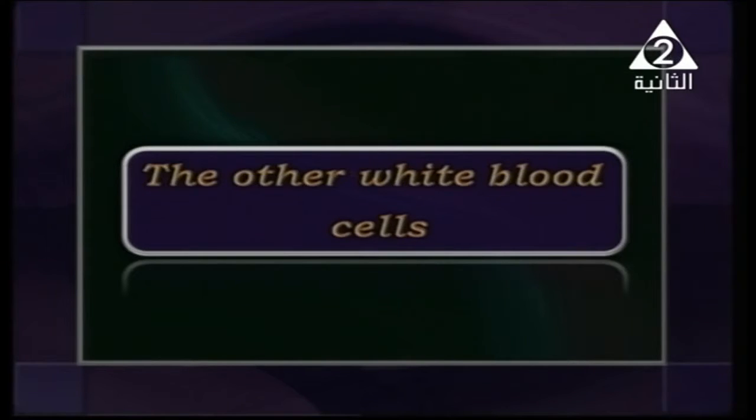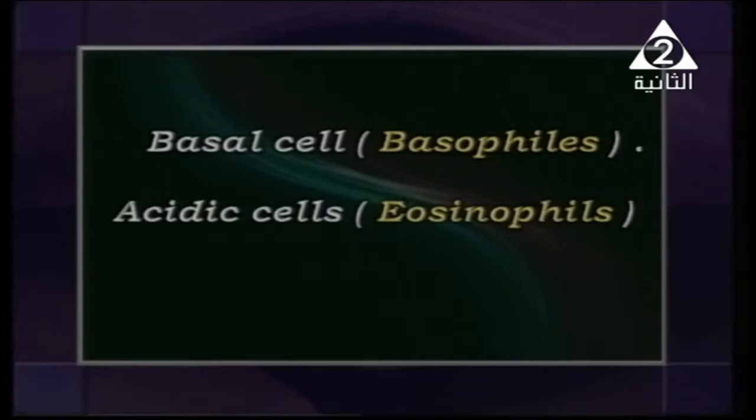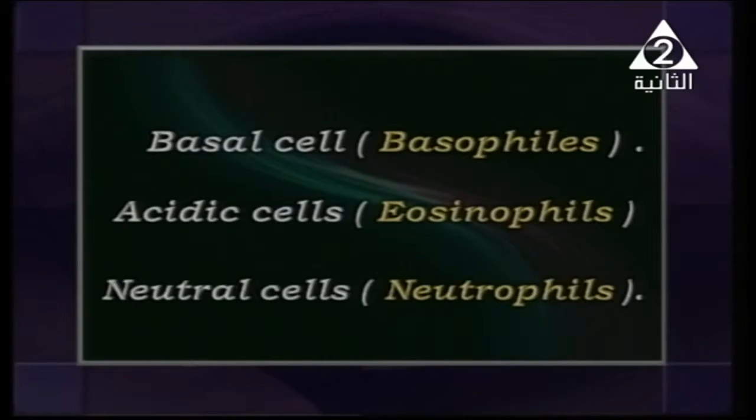What are the other white blood cells inside our body? Like basal cells, or basophils. Also we have acidic cells, or eosinophils. We also have neutral cells, or neutrophils.